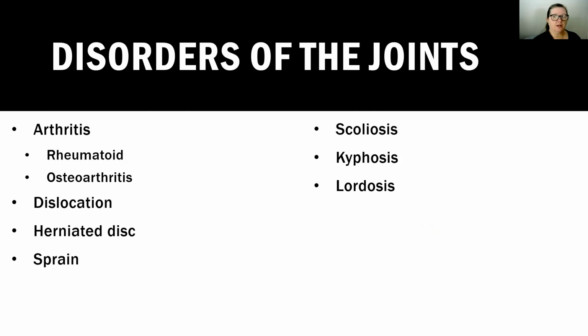And then osteoarthritis is more the common arthritis that we think of, where it's just a wearing down of the joint over time, or even in the case of athletes, really beating up your joints and causing you to become arthritic a little sooner.